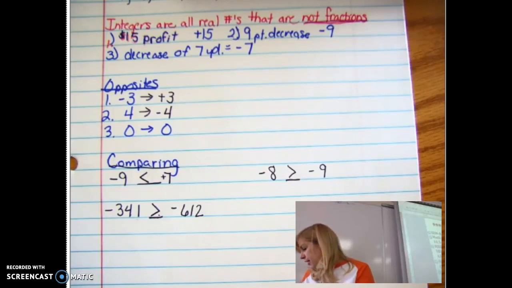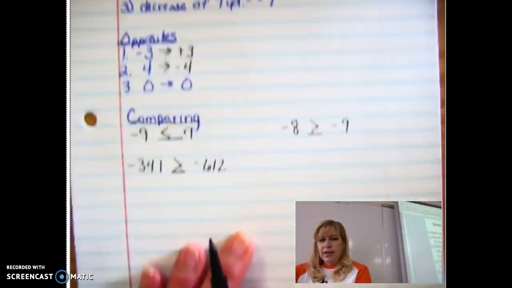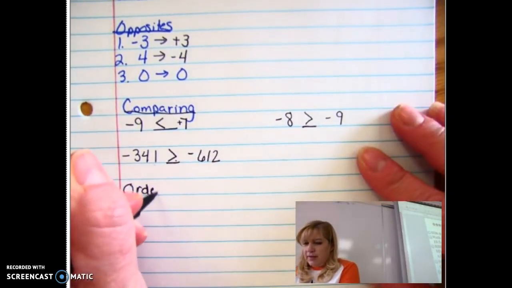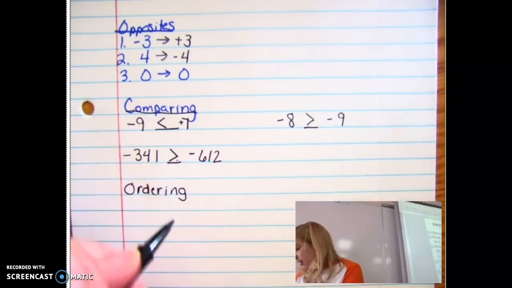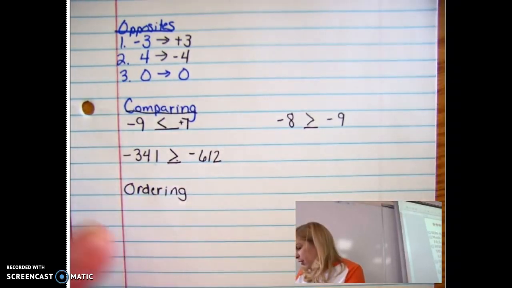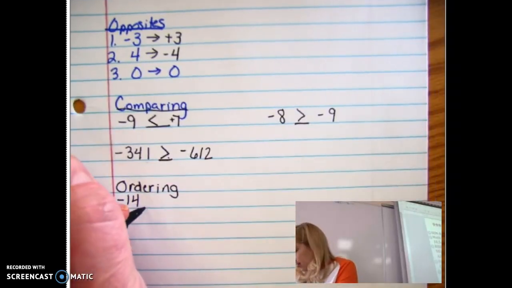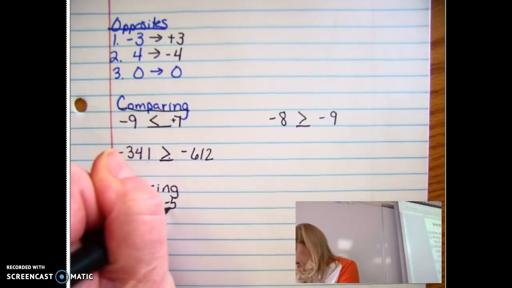What if we need to put some numbers in order? What if there were some scores in golf, and in golf you can get negative, because there's something called par, that's your 0. But let's say that somebody shoots negative 14, or 14 under par, or negative 5.